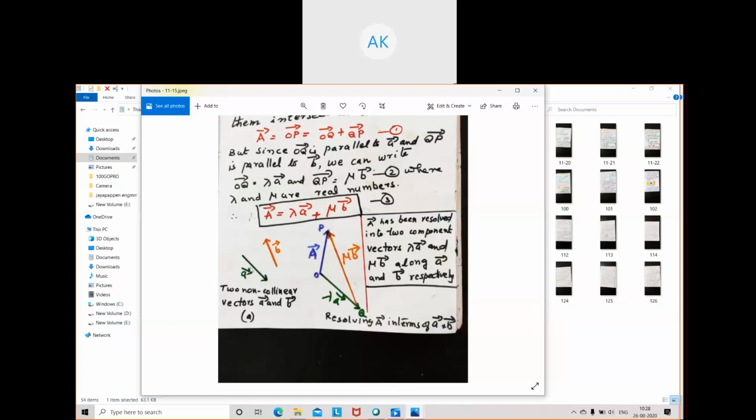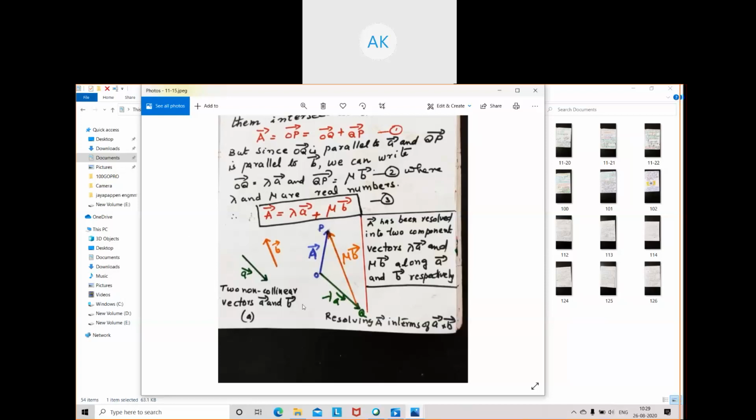You just draw a line from O parallel to A. We are not at all measuring the magnitude, just asked to draw a line parallel to this vector. That's very easy. We have drawn it without measuring its length.